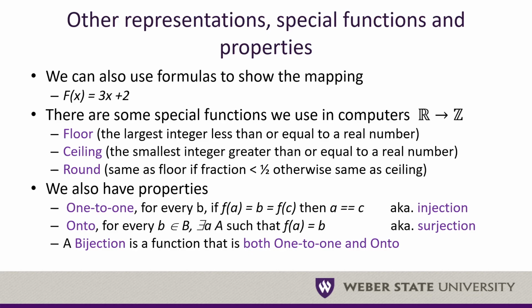And what is that implication? Each A maps you to a unique value of B. In other words, no two values of A map to the same value of B. And every B has at least one value of A that maps to it.